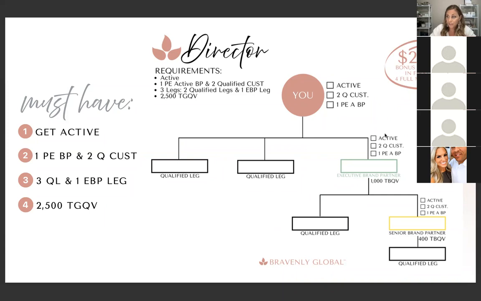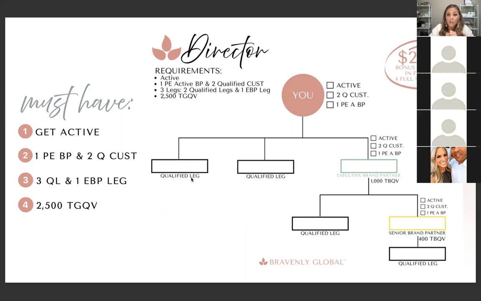That person also has to be active, have 2 customers, and also have a personally enrolled brand partner. Okay. And then in order for that person to be an executive brand partner, this is what they need to have. So you are looking at the bottom, you're helping that person go senior brand partner, you're helping somebody go executive brand partner, and then you're helping these 2 people getting active and starting to enroll some customers so that they can get some volume and some good paychecks.